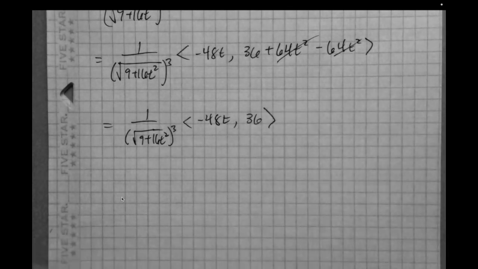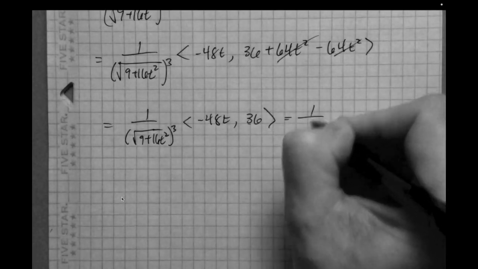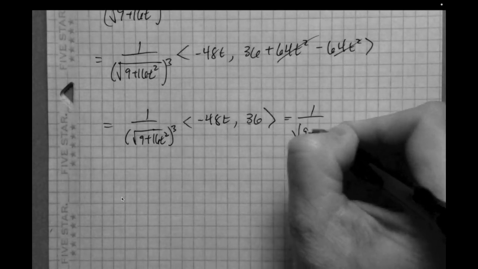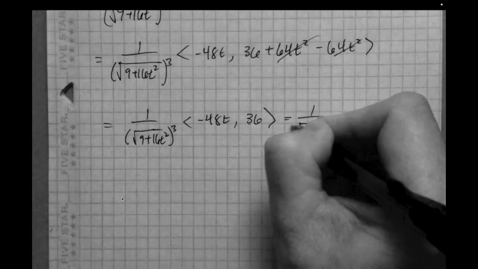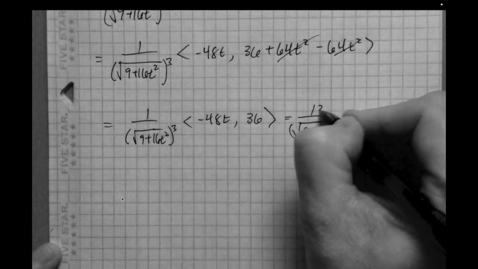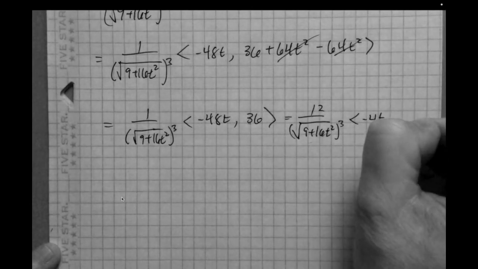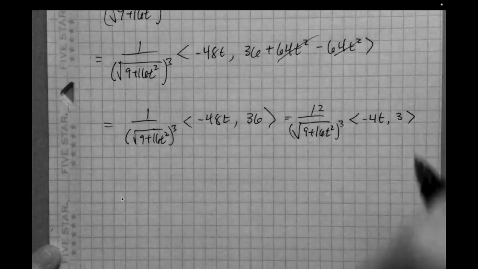Okay. And we see a common factor here, so I guess we could do this. Instead of 1, we'll make it a 12. And then that's going to give us a negative 4t, comma, 3.